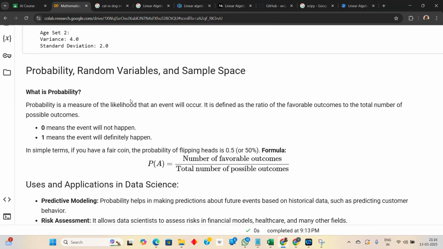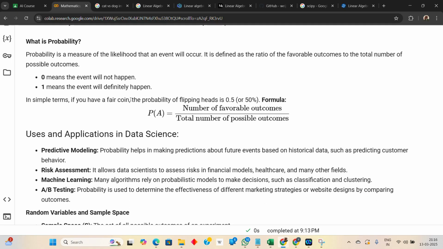You already know the probability concept, right? From childhood, or in your plus one, plus two, or even in graduation or post-graduation. Probability is simply the likelihood of an event. We calculate probability as the number of favorable outcomes divided by the total number of possible outcomes.